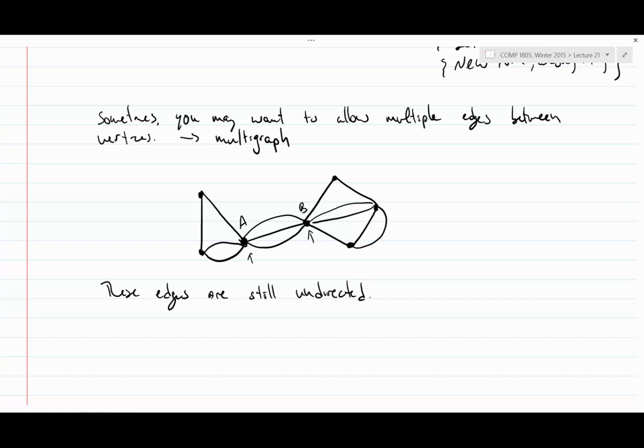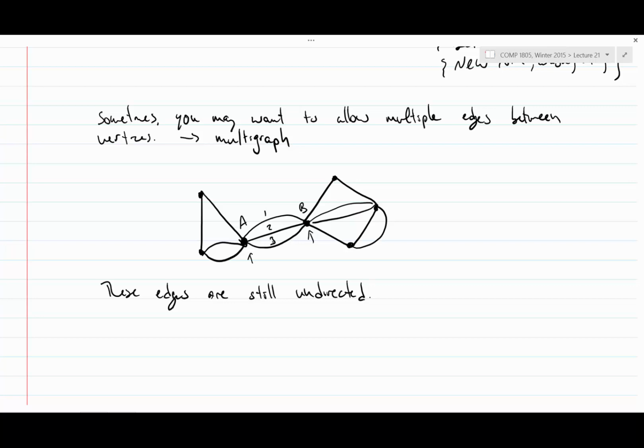One thing you could do is, as you said, you could label these edges 1, 2, 3. That would be a perfectly good solution, and in fact, some applications do exactly that. The alternative would be to record the multiplicity of the edge.